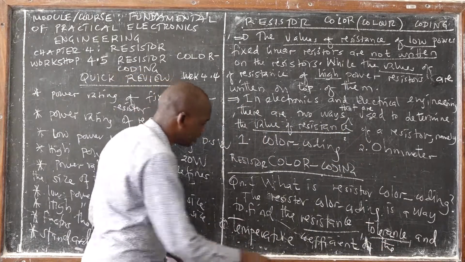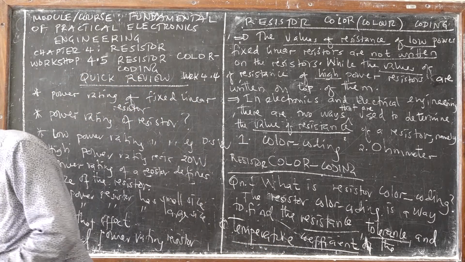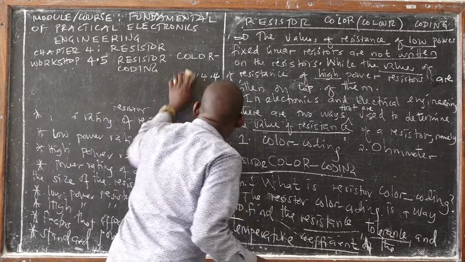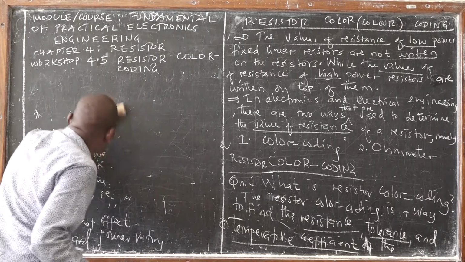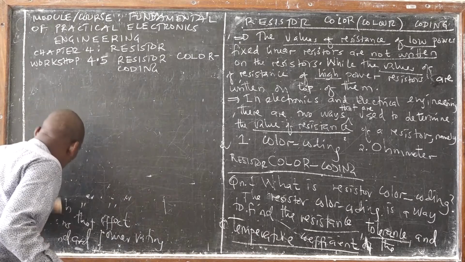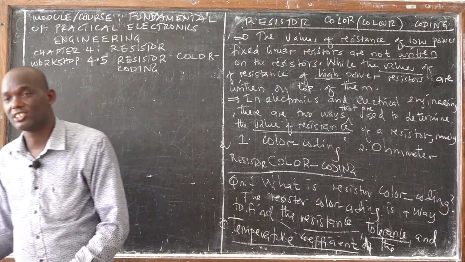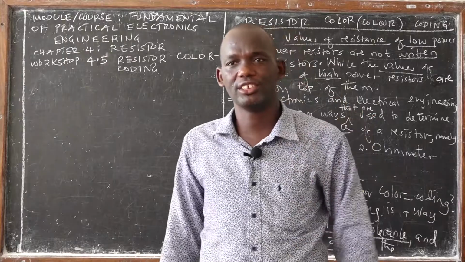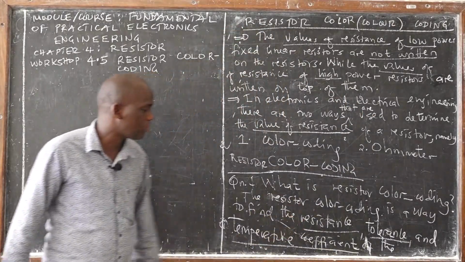So now I get some other information. This concept will not only teach me how to find the resistance of the resistor, but will also teach me how to find the tolerance and the temperature coefficient of the resistor. However, we will keep our focus on how to determine the resistance.